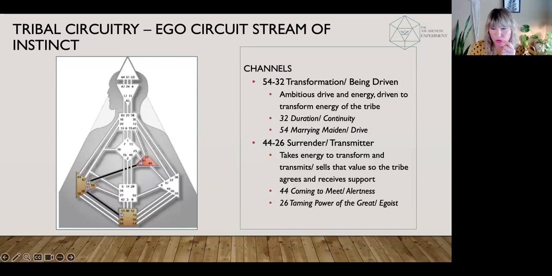So 2644 is this memory channel. Let's just read it here. It takes energy, transforms and transmits it, and sells that value, so the tribe agrees and receives the support. We can see that in Tiffany, right? As we've been exploring this for a couple of years now together, with yours, Tiff, it's so clear, the way you are in the group.